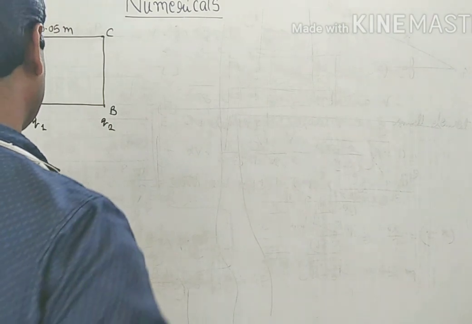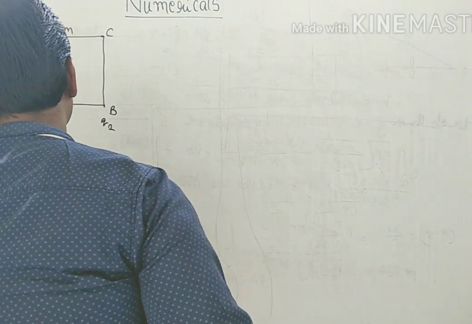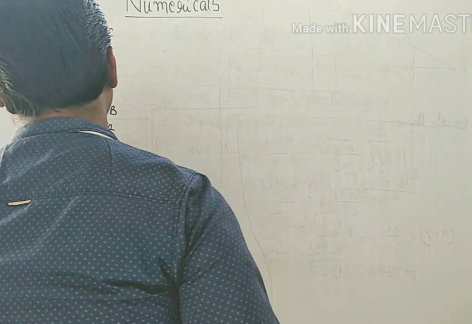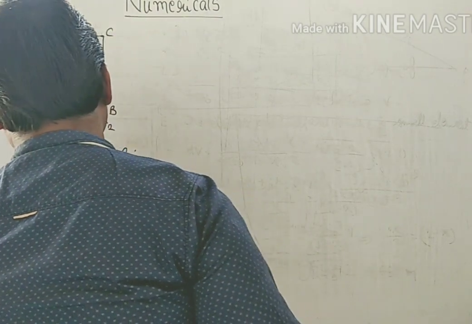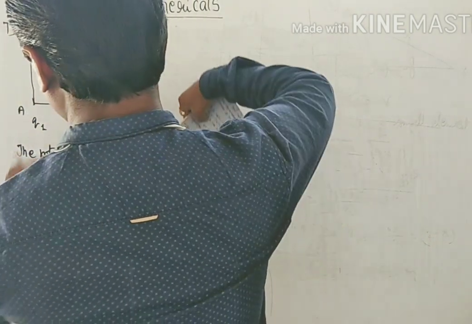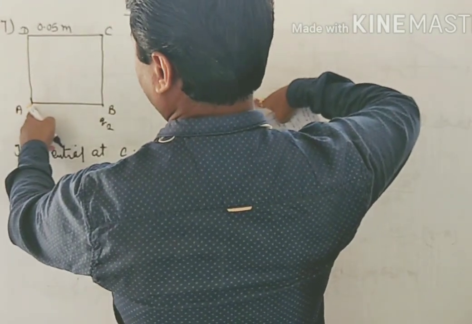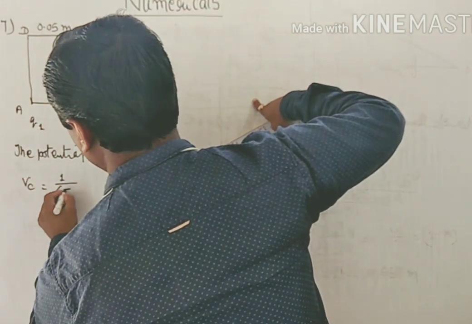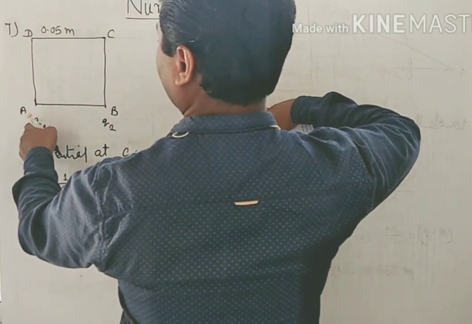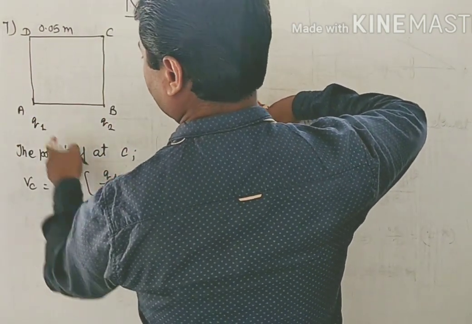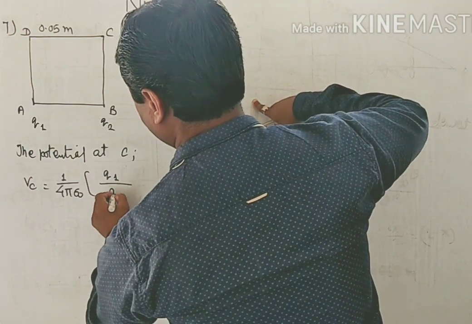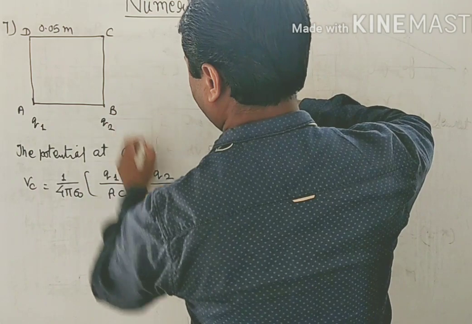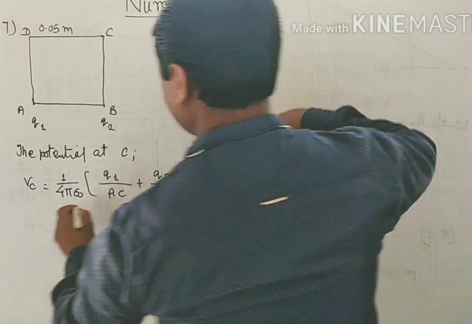Fine. Okay. So now we write the potential at C, let me call it VC, which equals 1 upon 4 pi epsilon naught, which will be a common term, and here the charge is Q1 and the distance is AC, plus charge Q2 upon distance BC.